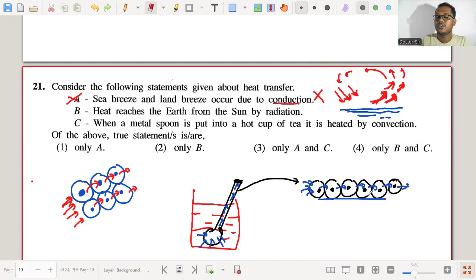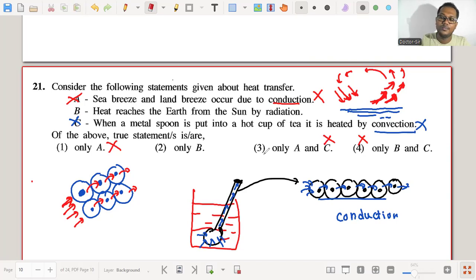This mechanism we call conduction. So this is not convection. Here they've mentioned convection, so this is wrong. Now A is out and C is also out.